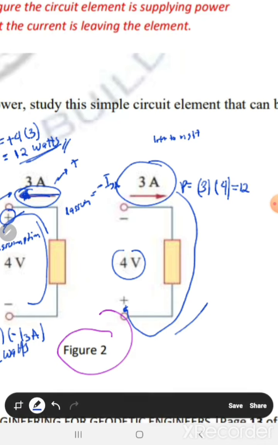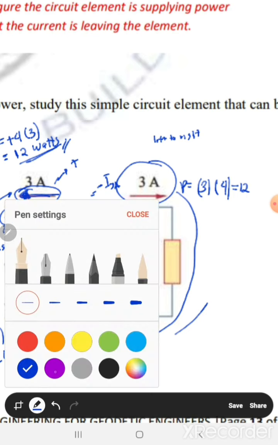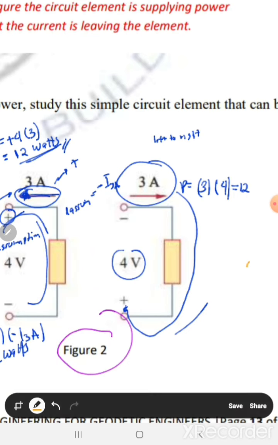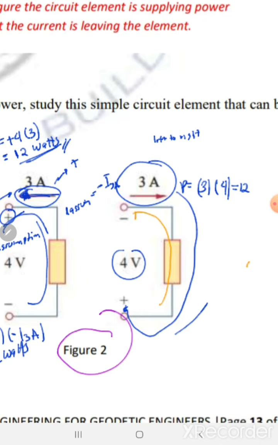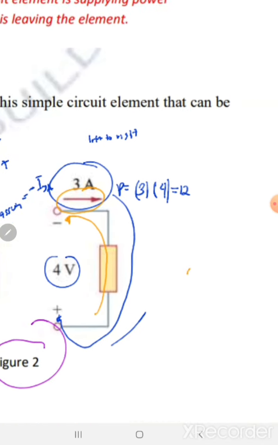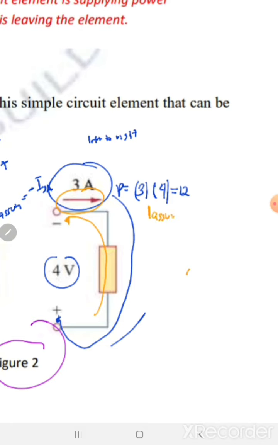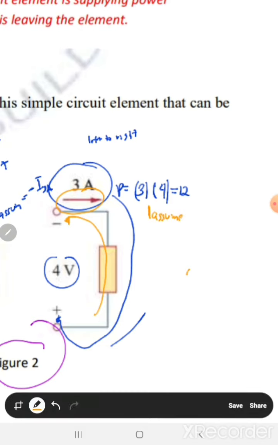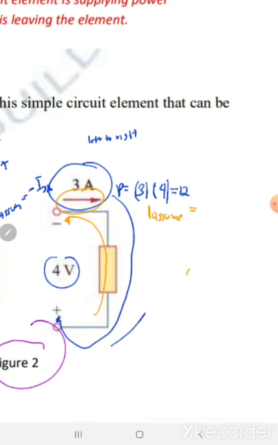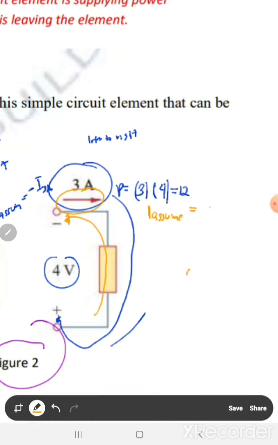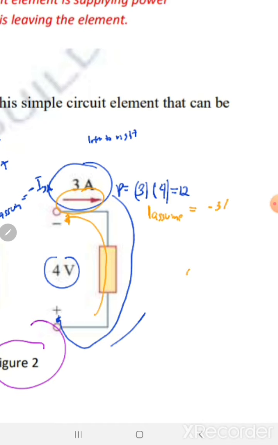How about, sir, pag binaliktad ko pa yung current ko? So, how about if I would like to get the power using this current? Dito ako papasok sa negative sign. So, you have already a predetermined current which is equal to 3 ampere. So, I may say that assumption, kinontra ko siya, I assume, is equal to, kinontra ko yung 3 ampere ko, we have negative 3 ampere multiplied by kung saan papasok ito.